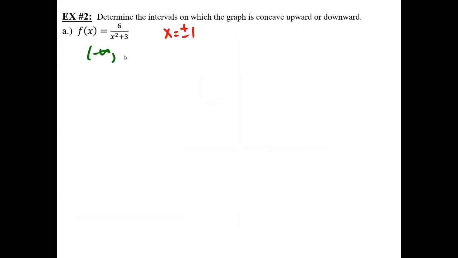So if we have two critical points, we have 3 intervals. Negative infinity to negative 1, negative 1 to positive 1. Next, we have 1 to positive infinity.